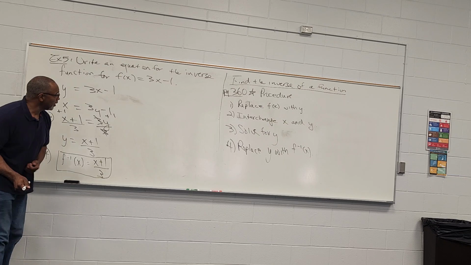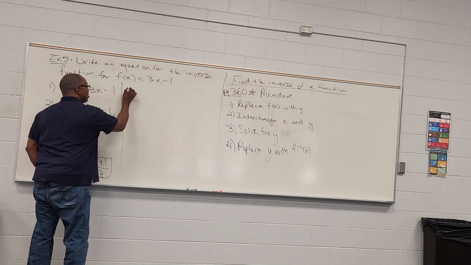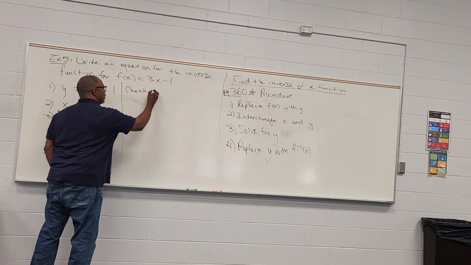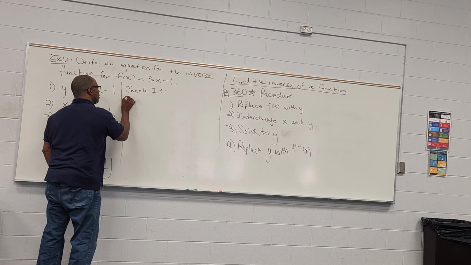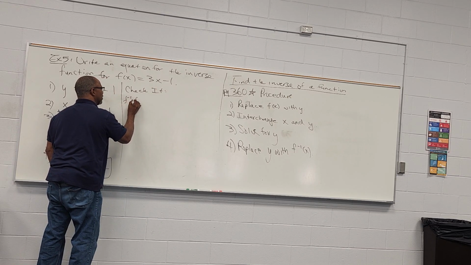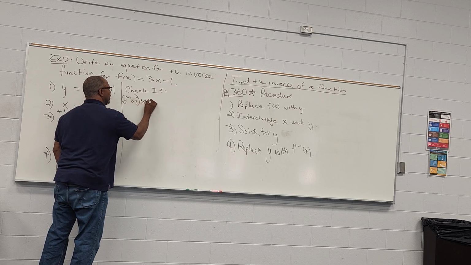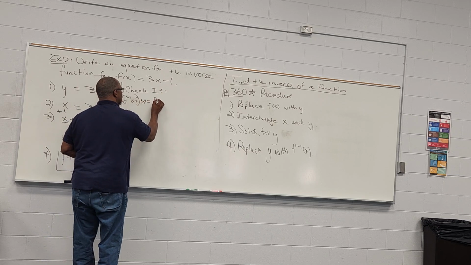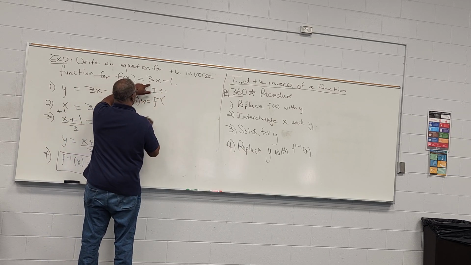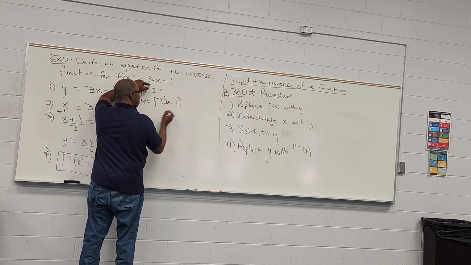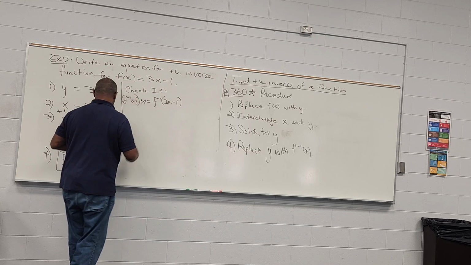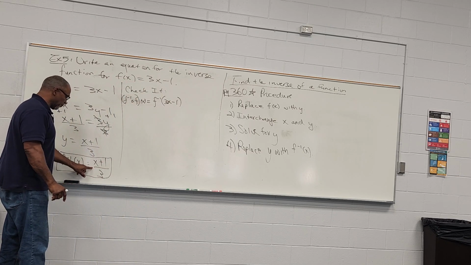Okay? Well, let's check it though. So we're going to do f inverse composed with f of x. So that means f inverse of f of x, that's 3x minus 1. Now I put 3x minus 1 into f inverse of x.